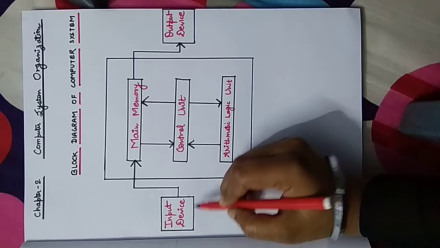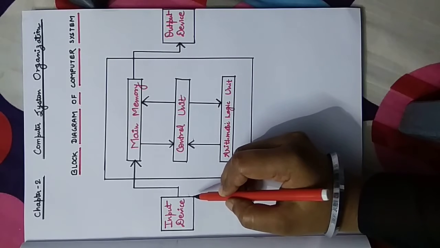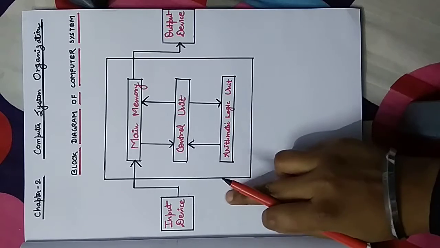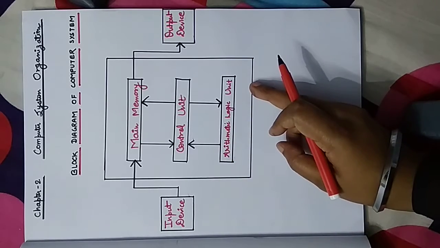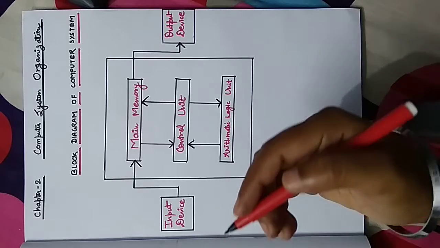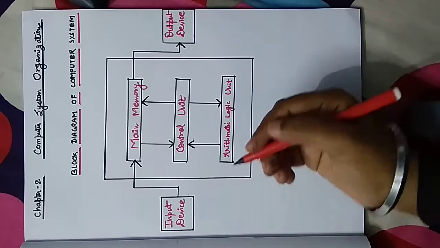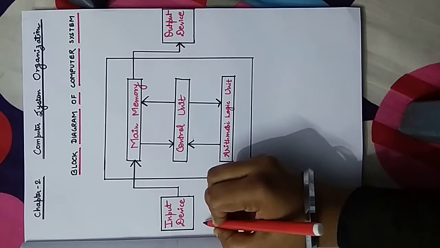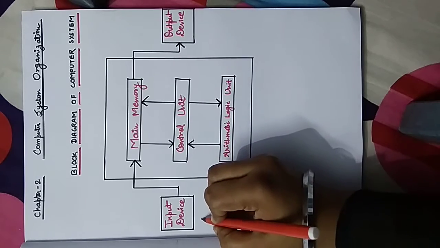Students, here is the input device. The input device is the device through which we enter data in the computer system. That means the input device takes the data, that is raw facts, that we enter in our computer system.